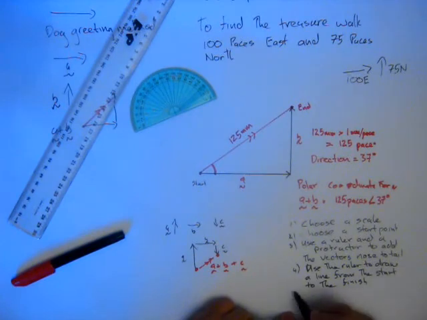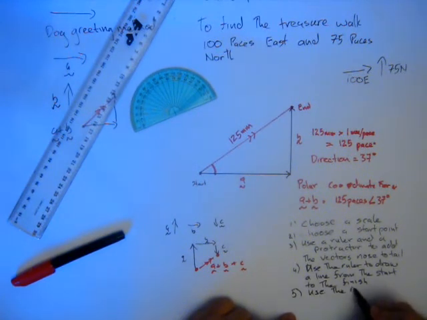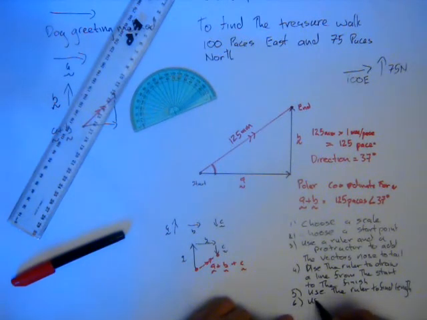Then number 5, use the ruler to find the length. And then 6, use the protractor to find the angle.